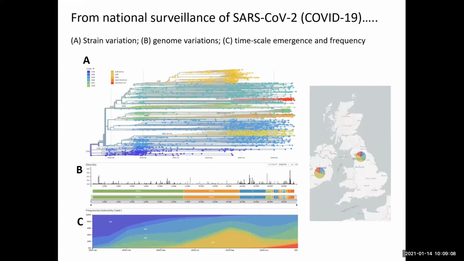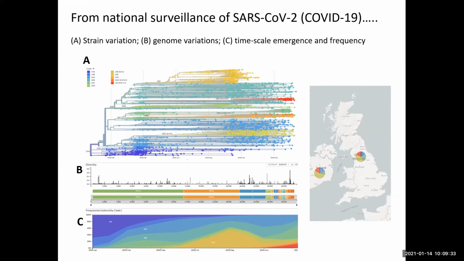So finally, I'm going to say this very briefly, because you will hear much more, in particular about SARS-CoV-2, from other people today. Just to summarize, in answer to our question, why sequence genomes in an epidemic?